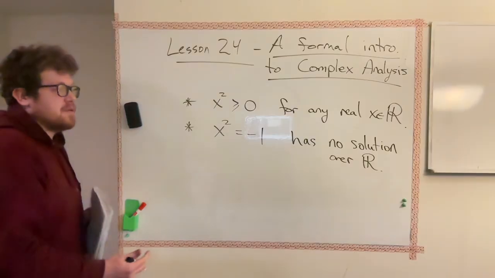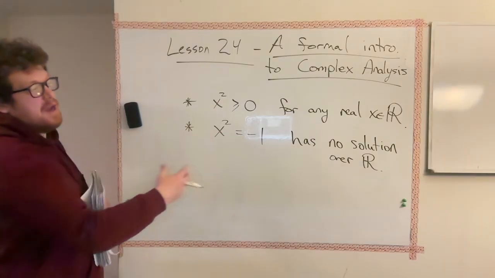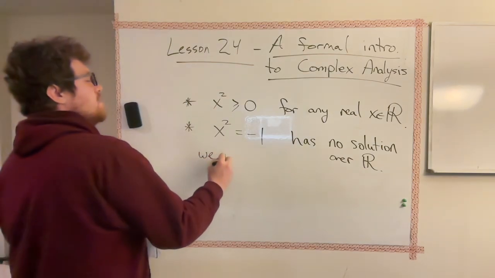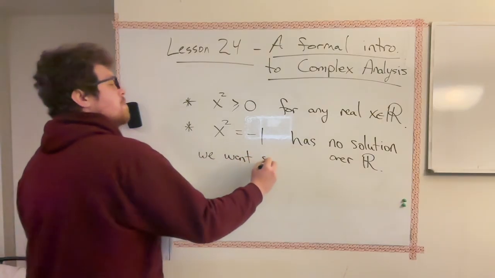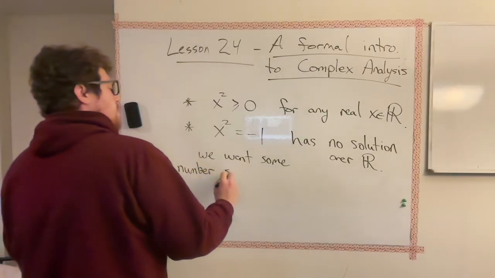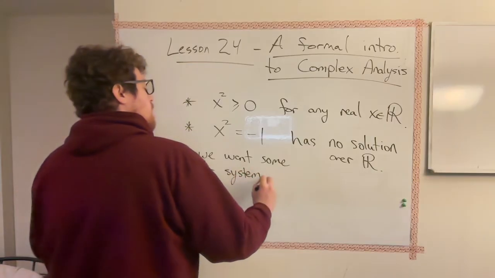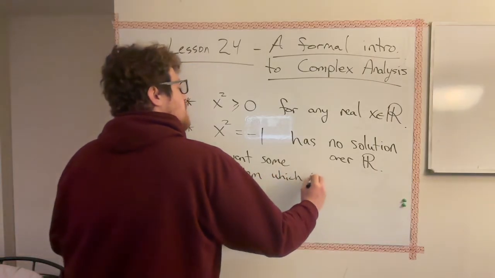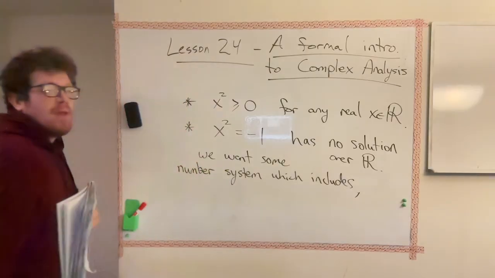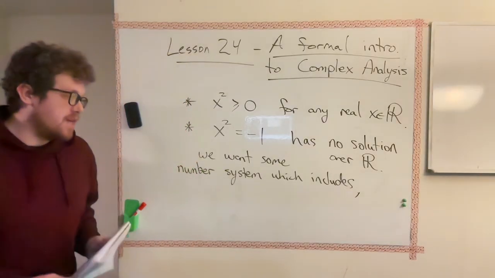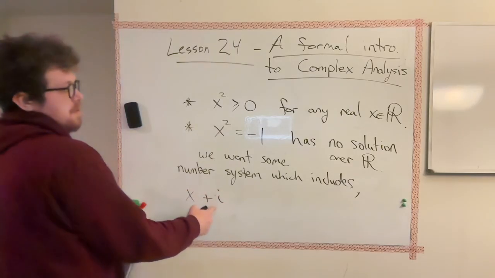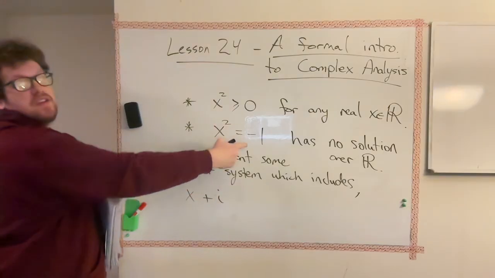So we want to be able to write all of the numbers in this new number system, which includes all of the real numbers, all numbers like x, but also any multiple of this new number i that we're adding, which is a root of this equation.